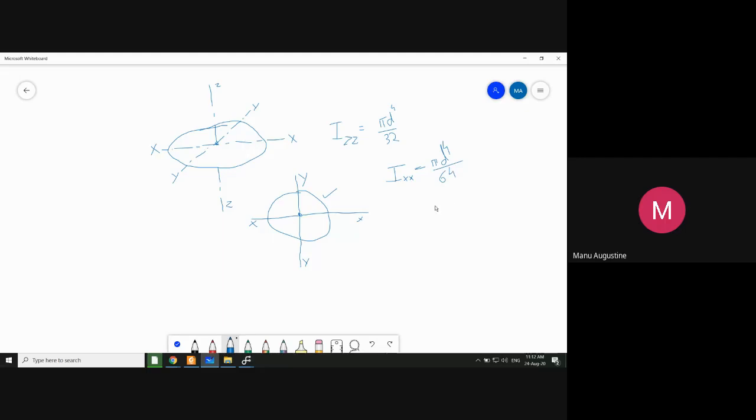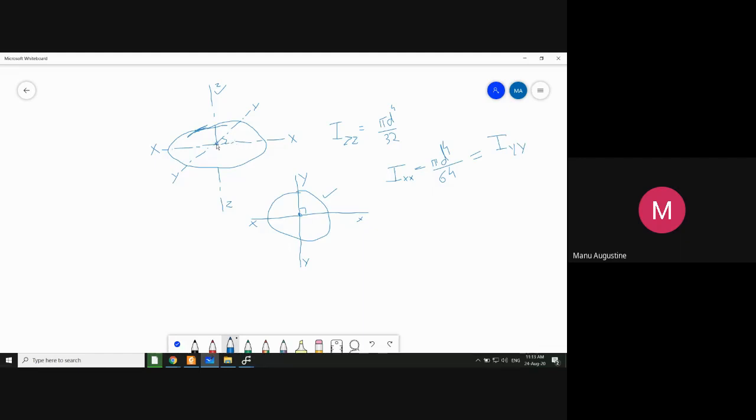This is a formula that I had asked you to learn by heart. And similarly, this same formula will be applicable for Iyy also. And now, applying the perpendicular axis theorem, since the ZZ axis is perpendicular to the area itself, and XX and YY are lying on the area and are mutually perpendicular to each other also, eventually this brings us again to the same setup.